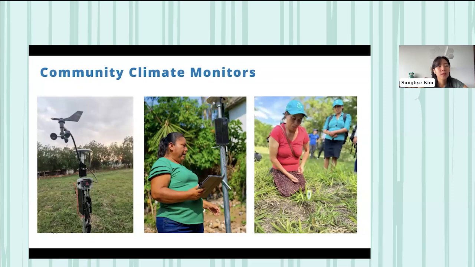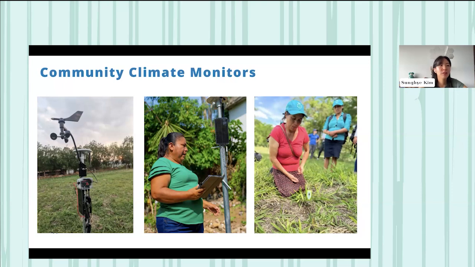Climate information services are crucial for smallholder farmers in Guatemala, as they enable informed decision making regarding agricultural practices, resource management, and adaptation strategies in response to changing climatic conditions. This in turn boosts their resilience and productivity.